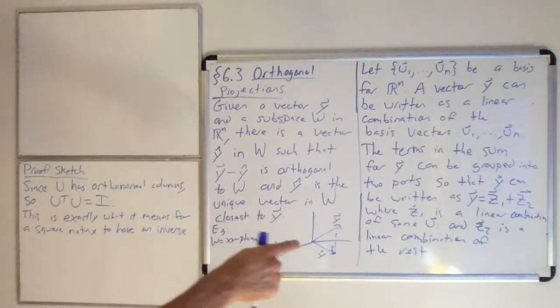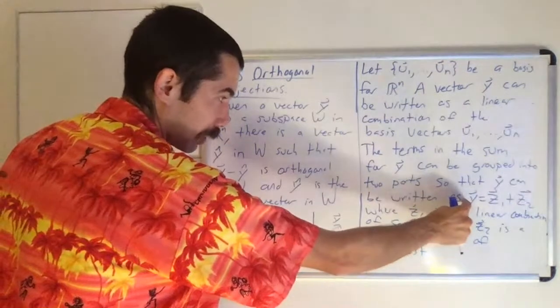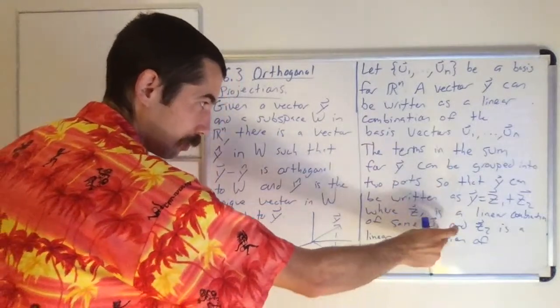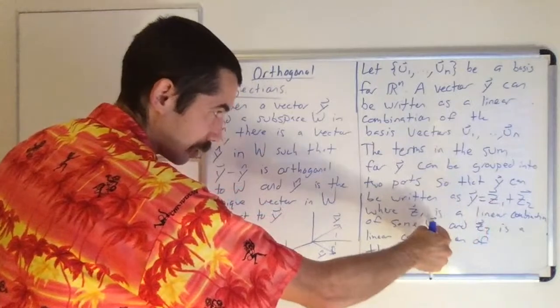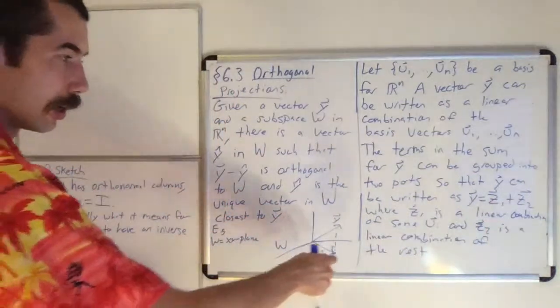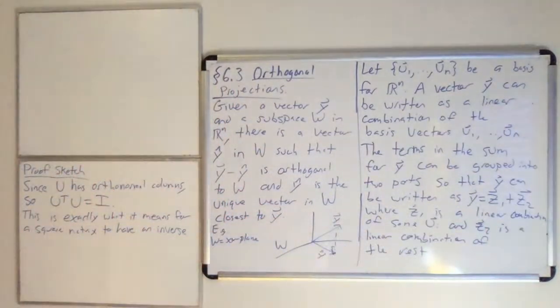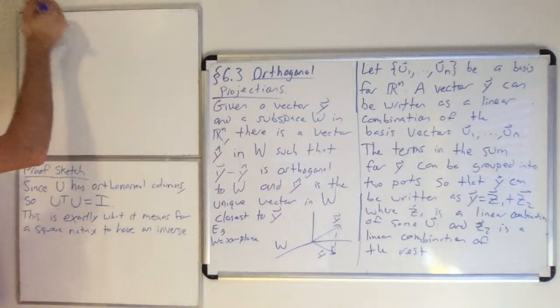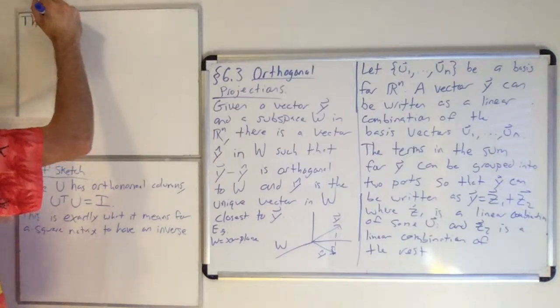This technique that we're doing here, writing our vector as a sum of some terms, we're going to break up our basis into two separate parts. This will be useful when our basis is an orthogonal basis. Ideally, we have an orthonormal basis, but orthogonal is good enough. And we'll get to an example, I promise.